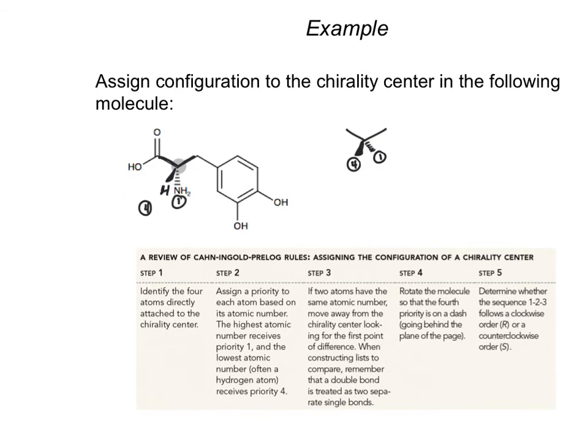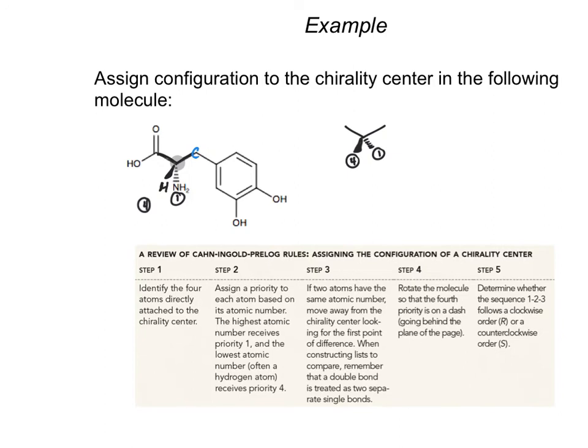Now we're comparing this carbon to this carbon. They are the same thing, so we can't tell the difference between those two. Now we have to go out to the things that they're attached to. If we start on the right with this guy, it's attached to the other carbon and then to 2 hydrogens, so we say carbon, hydrogen, hydrogen.